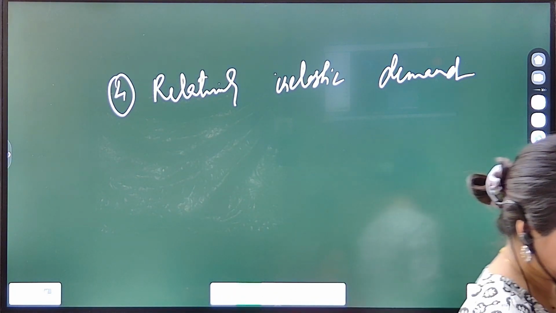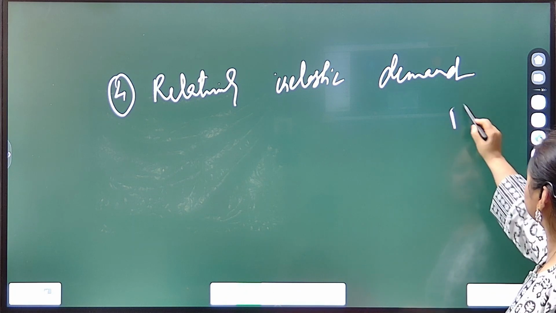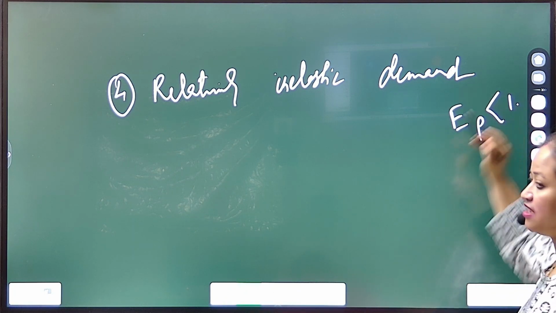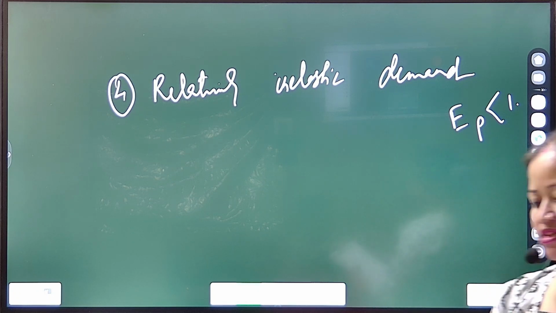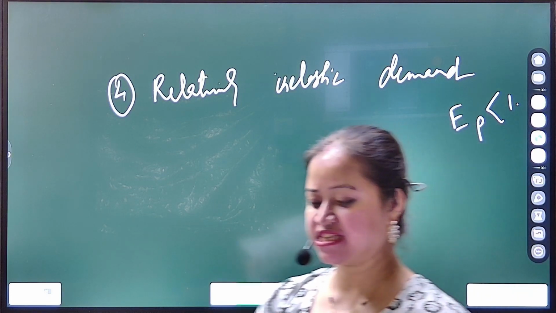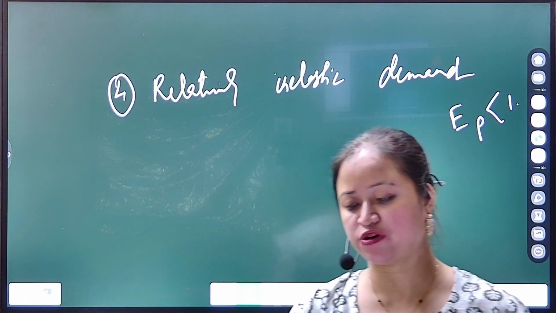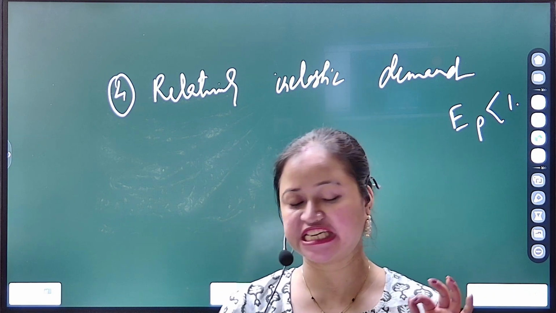In this case, EP is less than 1. So here you see, how is the demand curve? It slopes downward from left to right, but it is steeper.